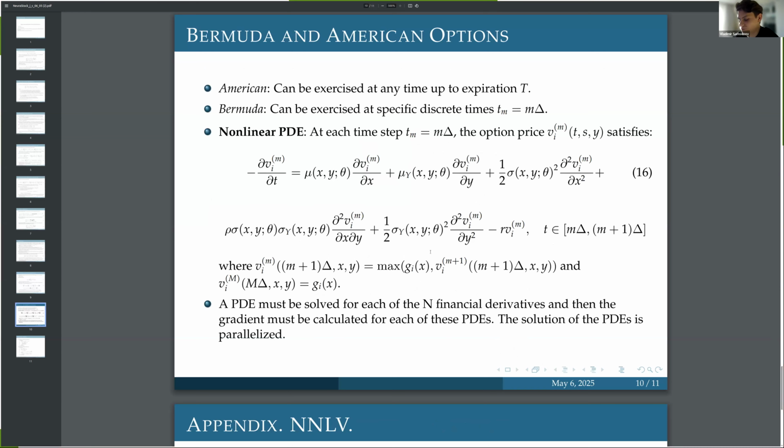And there are also two types of options. The first one is American, when it can be exercised at any time up to expiration, and Bermuda option that can be exercised at specific discrete times. I remind you that a European option can be exercised only at expiration time. And here you can see again these nonlinear partial differential equations.